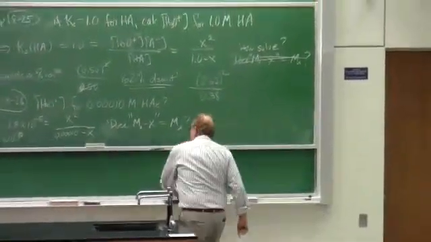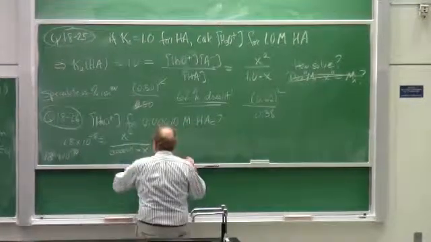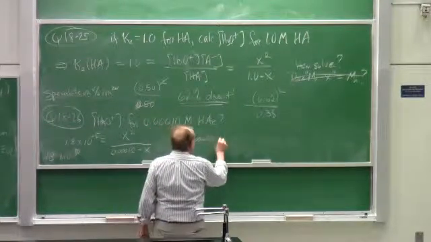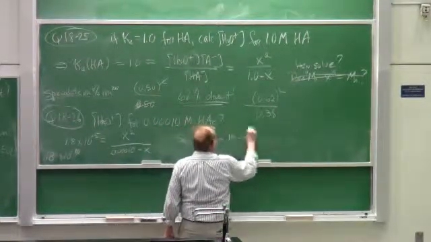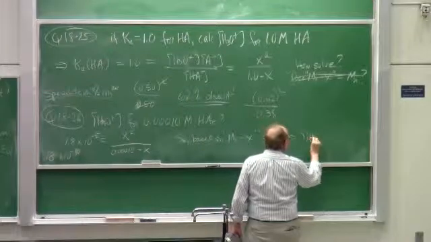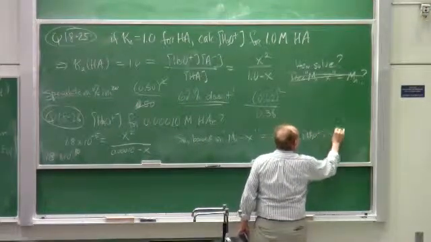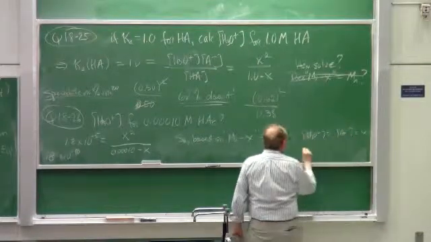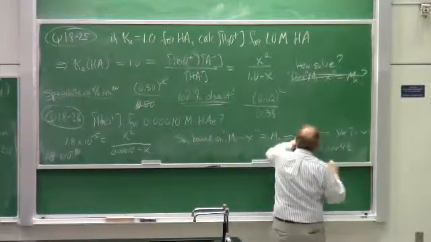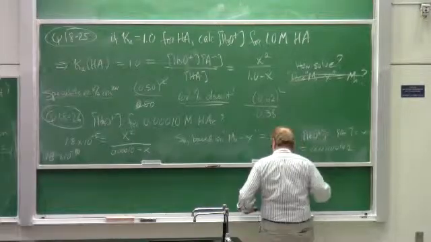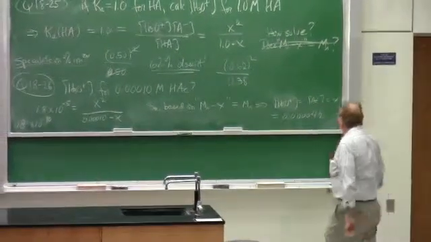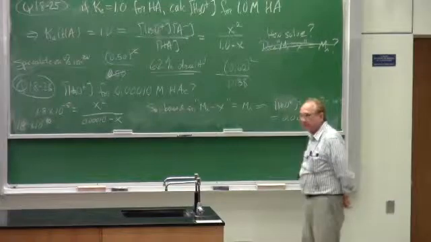So based on hydronium ion molarity, which is acetate ion molarity, which is x, I would get a value of 0.000042.